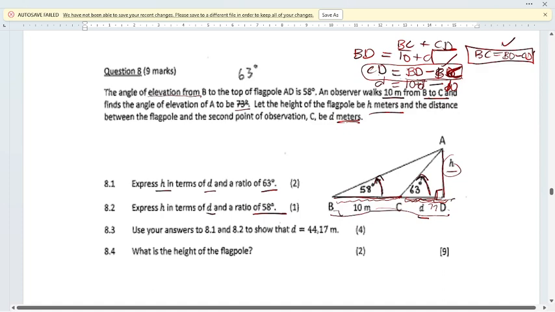What is the correct answer for the ratio of 58 in triangle BCA? The answer is the basic ratio. What is the value of H for 58 in triangles BAD and BAC?